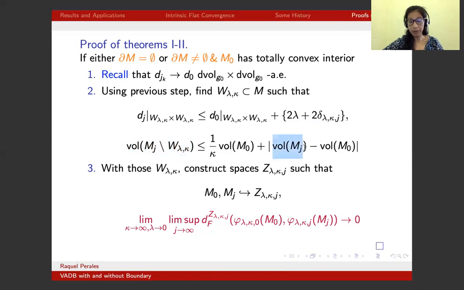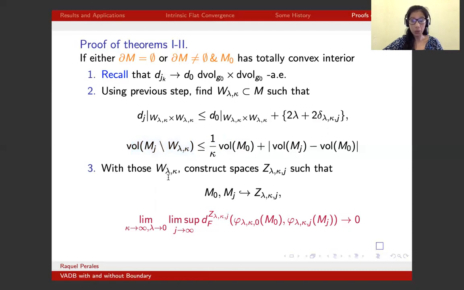Since the volume of Mj will converge to the volume of M0, this quantity is going to be small. And this kappa, we will be able to take it big. So kappa is at the end going to go to infinity, so volume of M0 divided by kappa is going to be very small. So we have that the volume of the complement of W lambda kappa is small.